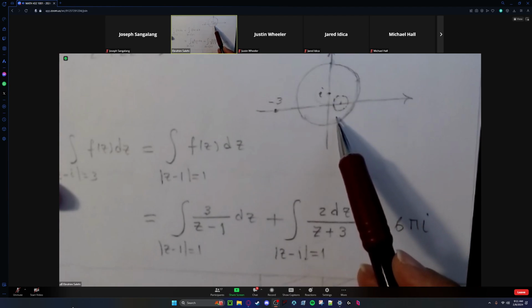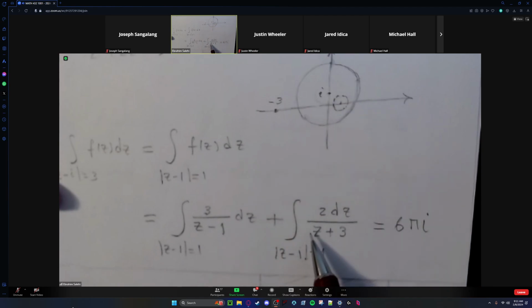So Cauchy's theorem says when you're integrating a function that is analytic on and inside a closed curve, then it is 0. Here we are applying Cauchy's theorem. So this is not going to be 2 pi i.